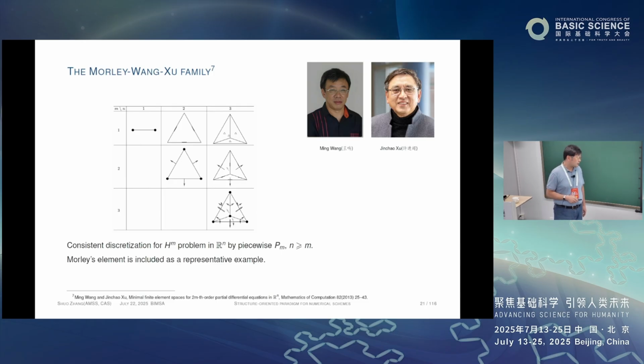This family uses piecewise Pn to solve the Hm problem in Rn for arbitrary dimension and arbitrary order of derivative, and it uses exactly the minimal piecewise polynomials, degree not smaller than m. And this is now called the Morley-Wang-Xu family.